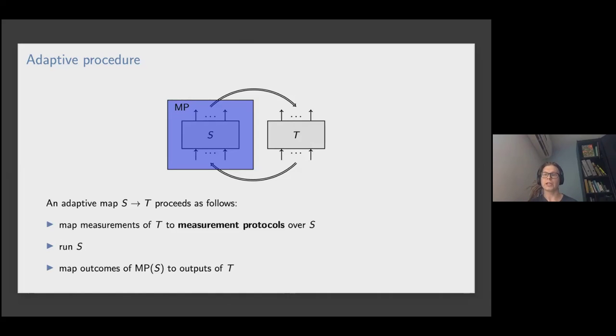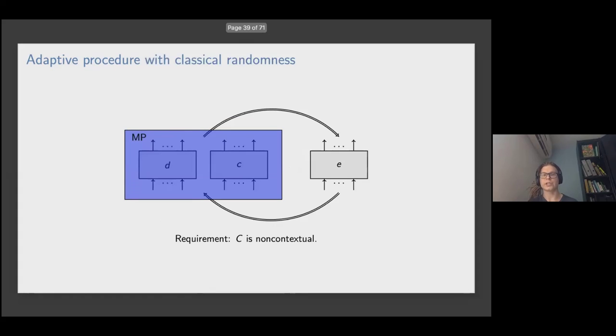And now to get classical randomness, you just say you can augment the system so you're allowed to use an additional box as help, as long as this additional box is non-contextual. So this is kind of the local operations and shared randomness paradigm.